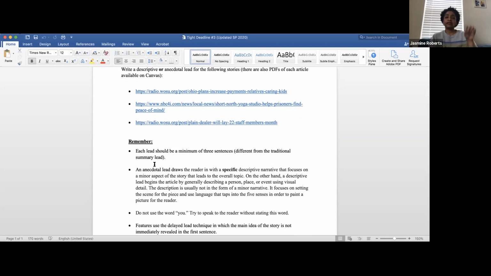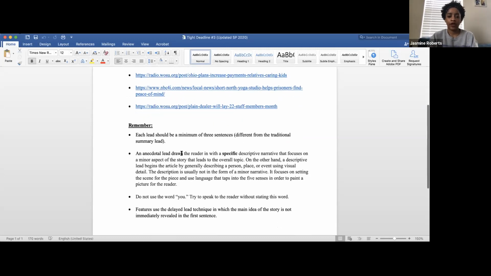So I would say the last sentence in your feature lead paragraph should convey the purpose of the story or what the story is all about. So once more, you're going to set this scene or maybe make up an anecdote for your anecdotal lead, for instance, and then that last, I guess you can say, kicker, or the sentence that brings it all home, should describe the purpose of the story.